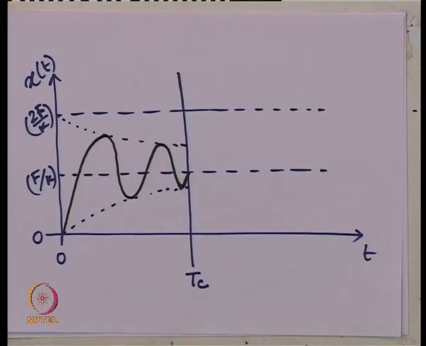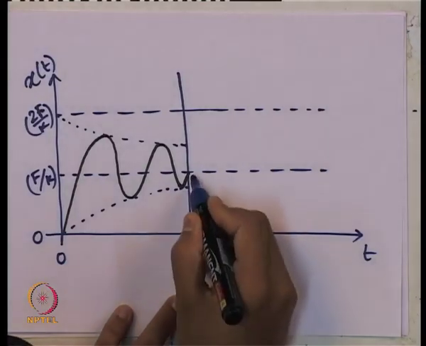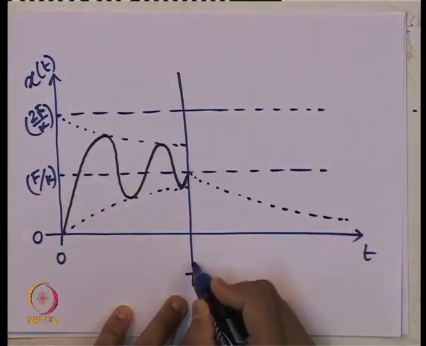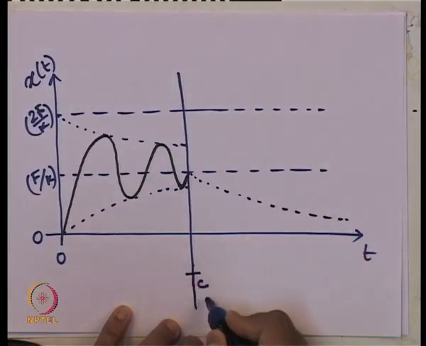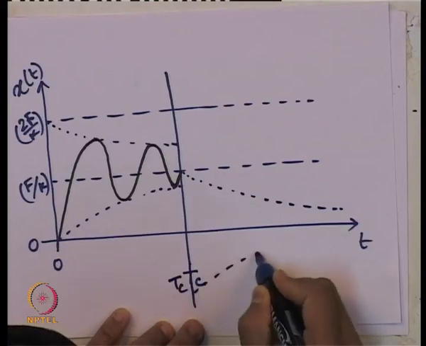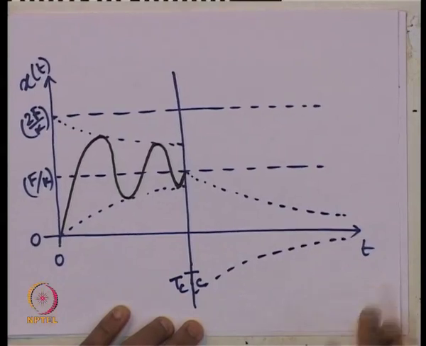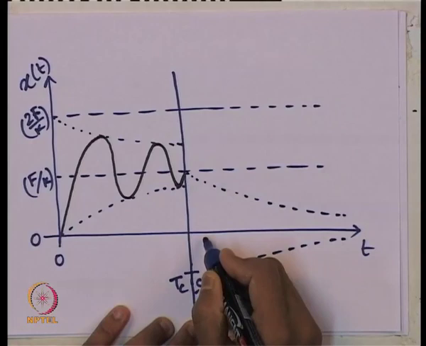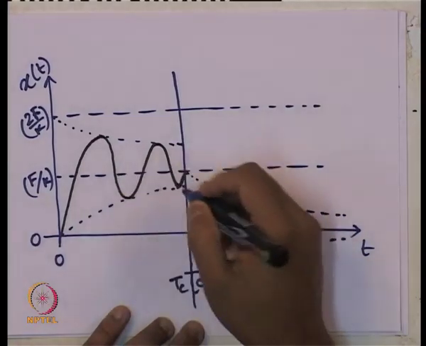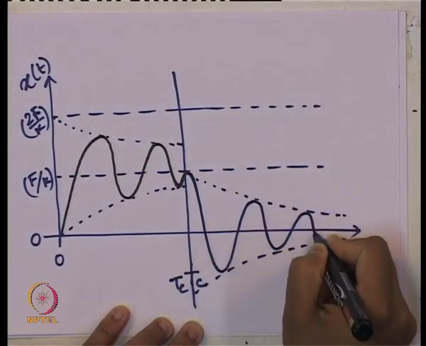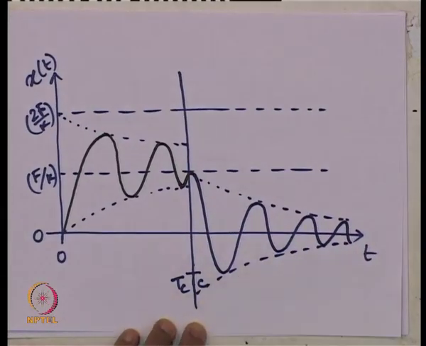So, now from this point it will start oscillating about this baseline, not about that baseline. Just a schematic diagram I am drawing. Now, it will follow another decay function from this point onwards, and from here it will simply drop to this baseline and follow that harmonic pattern with a decay function.